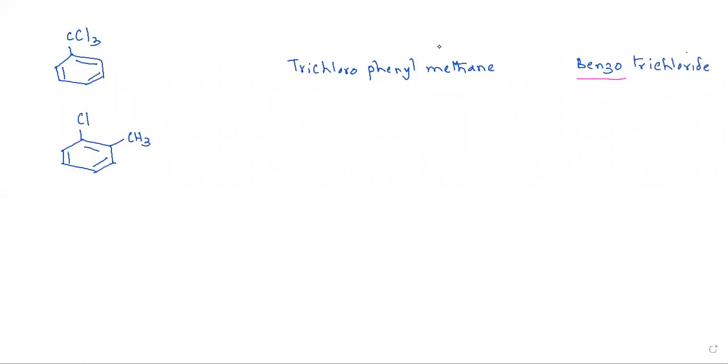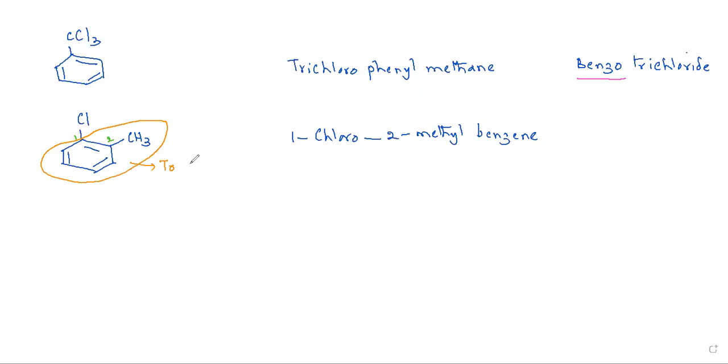See, this one can be given as 1-chloro-2-methylbenzene. Or else, benzene with the methyl group is called toluene. This is even accepted by IUPAC.